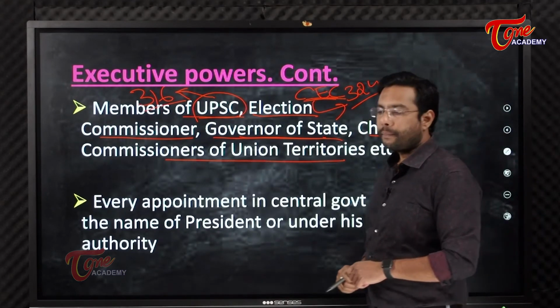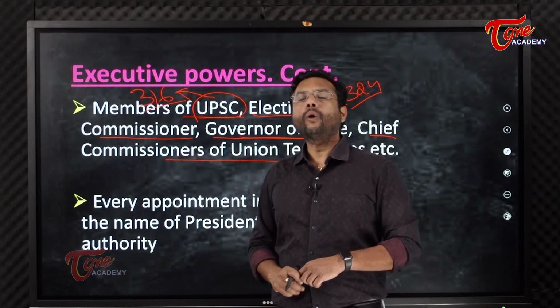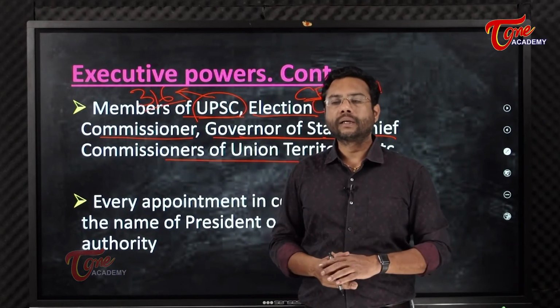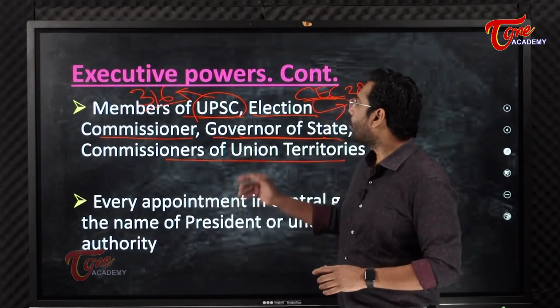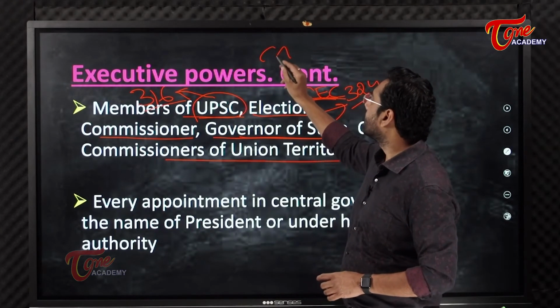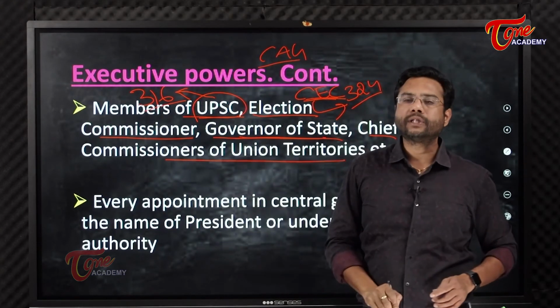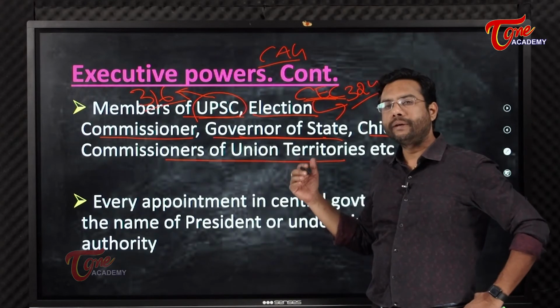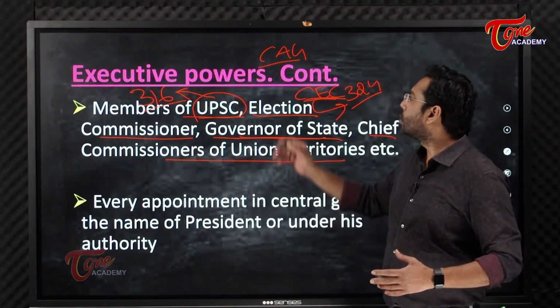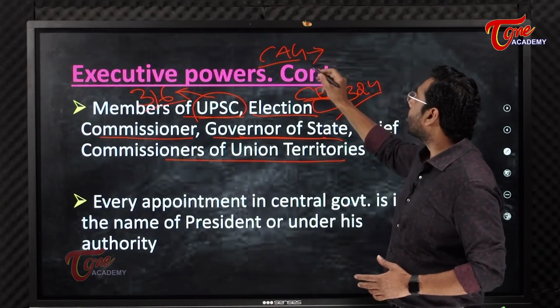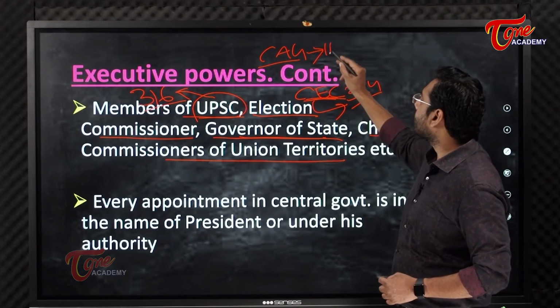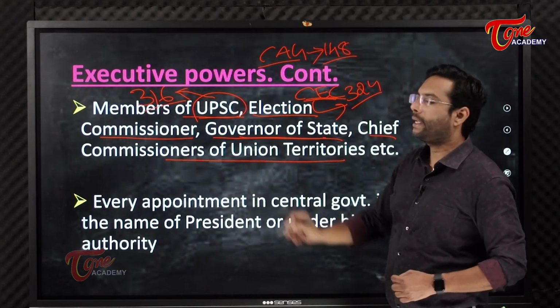So these are the important appointments. We also have other appointments, like the Comptroller and Auditor General, CAG. This we will discuss in our synopsis after we finish all these powers. The CAG is appointed by the President under Article 148.